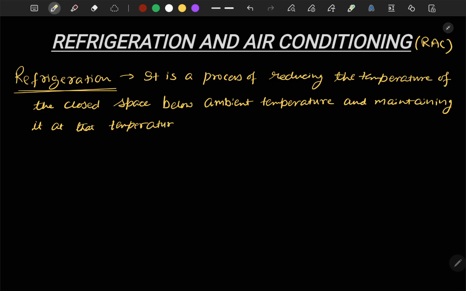Now the temperature which we want is generally dependent on our particular application.